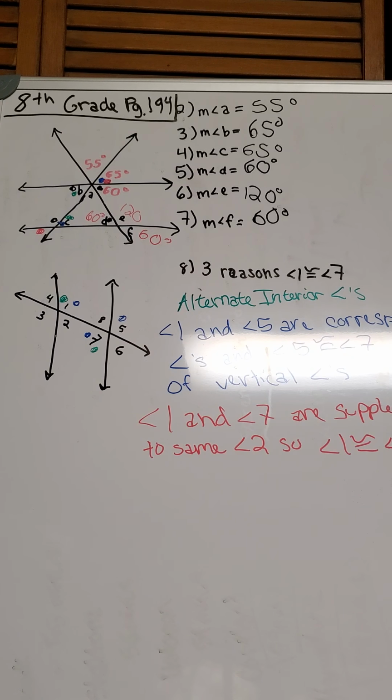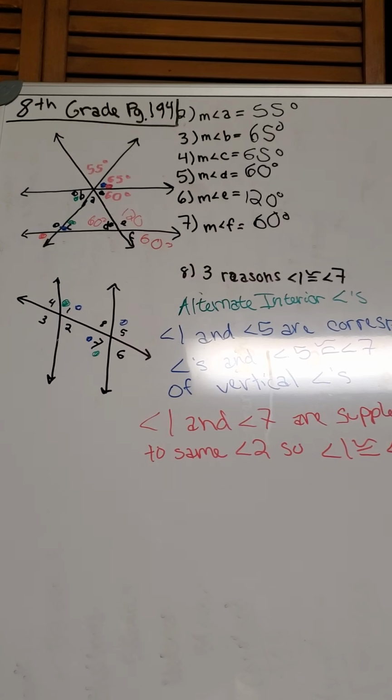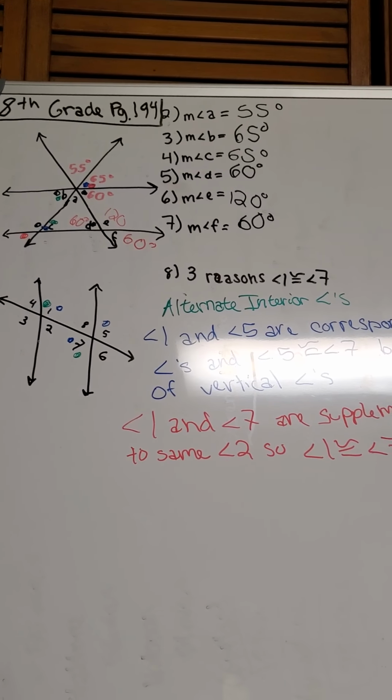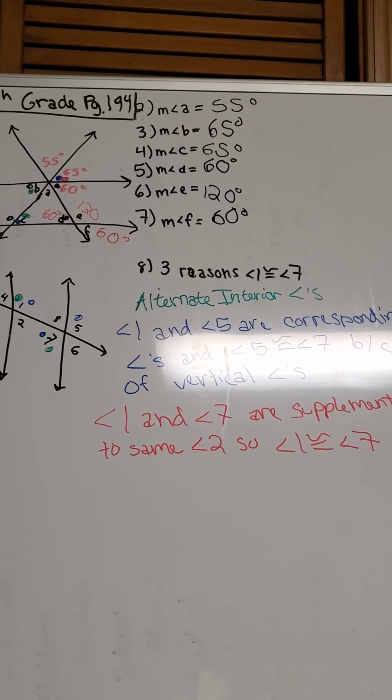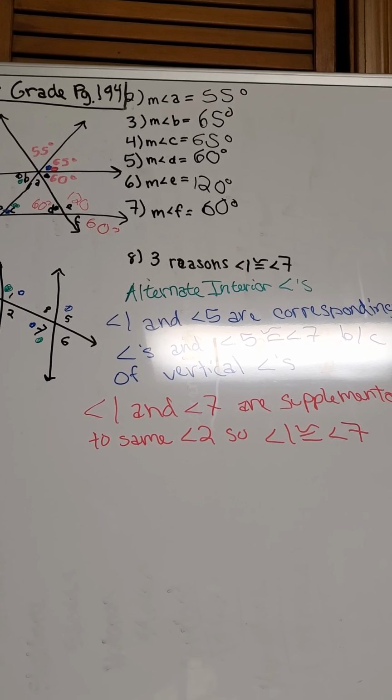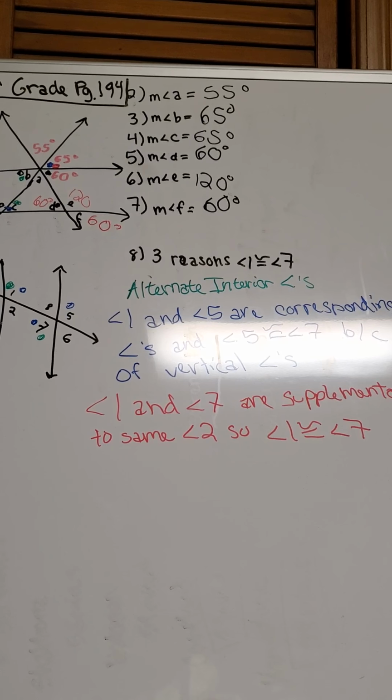Alright, so these are the 3 ways, and now I see that my writing was a little cut off. These are the 3 reasons those 2 angles are congruent, or 3 ways we can show they are congruent.